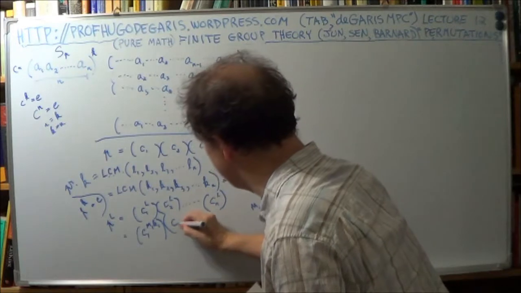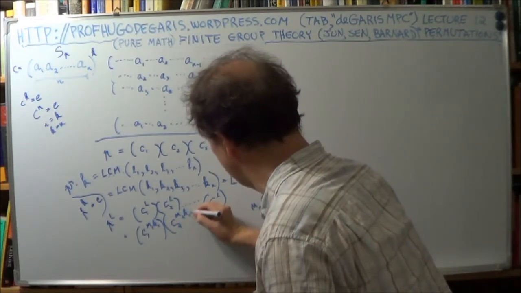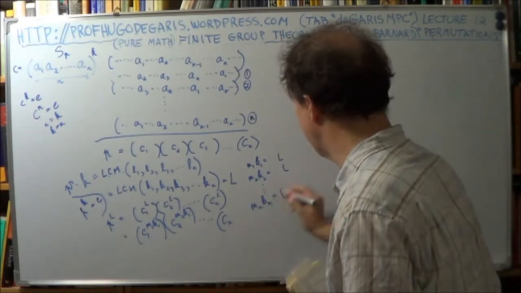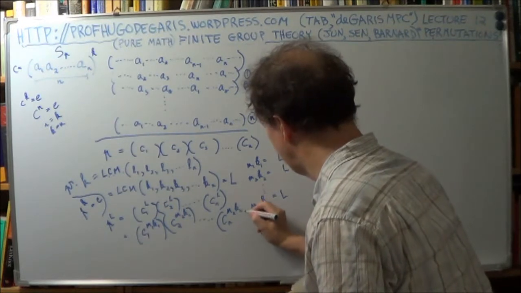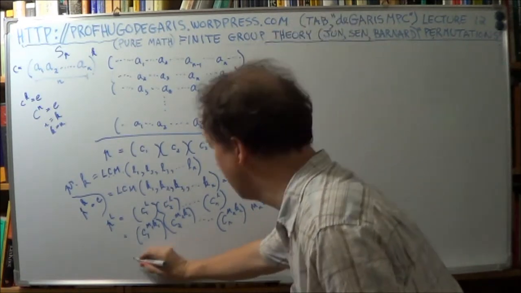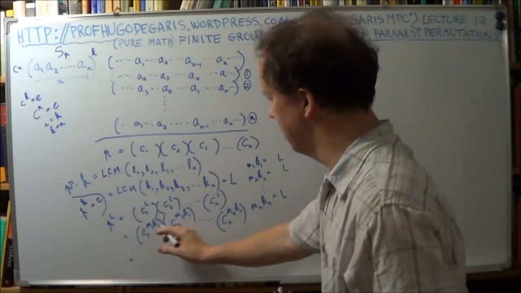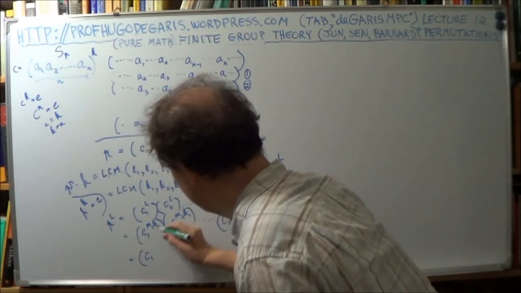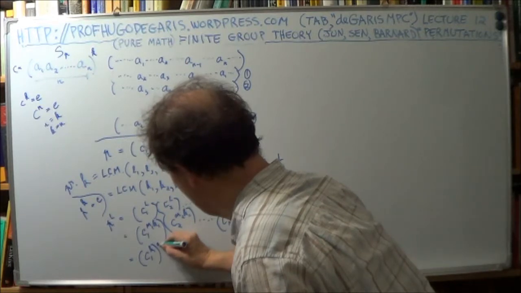And this will be C2 to the M2 K2, dot dot dot, Cn to the Mn Kn. Now rewrite this in the following form: C1 to the K1, all to the M1.